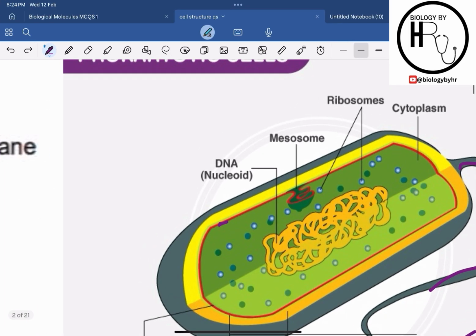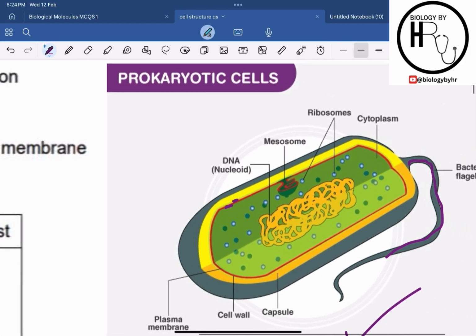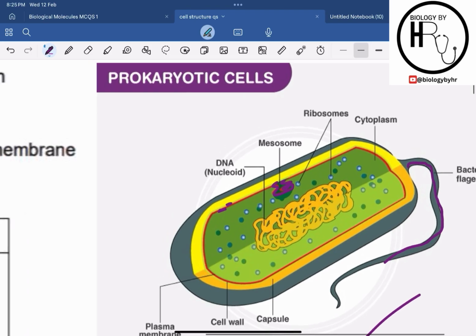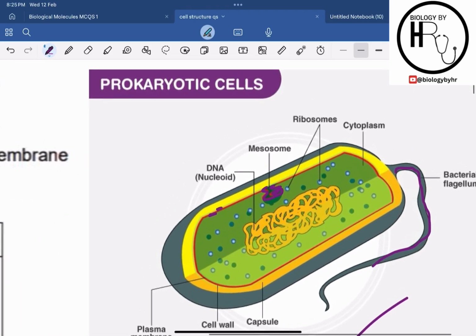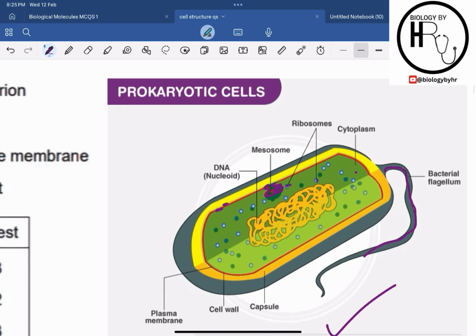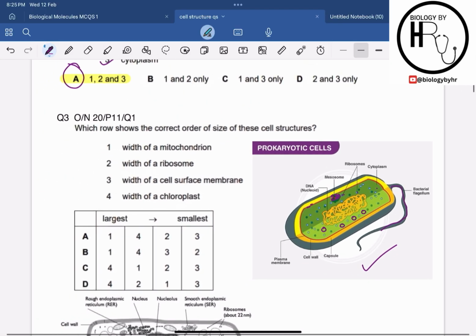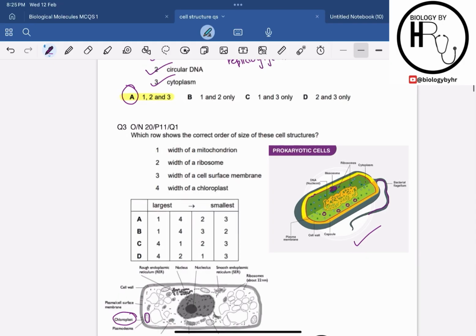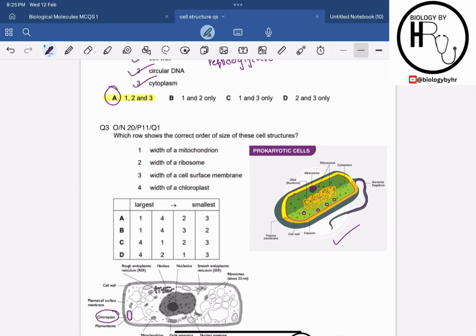One is of the cell membrane and one is of the cell wall, right? And these are the mesosomes, which contain all the respiratory enzymes, photosynthetic enzymes. These are the ribosomes, cytoplasm. Now plasmids are not shown over here, otherwise they have a circular structure of DNA which are known as the plasmids, right? So I hope that the prokaryotic cell structure is also clear to all of you.